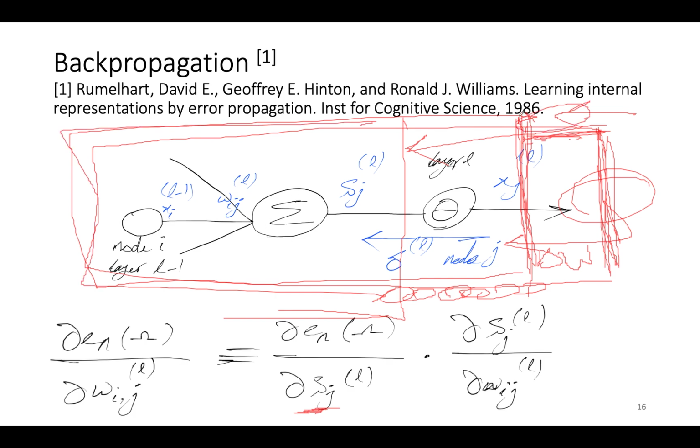So this is called a chain rule. You can expand En as En of Sj and Sj of W, and that Sj would be another previous layer, and you can go on, so on and so forth. Does that make sense? We talk about this extensively in the next lecture, but that's the whole idea. It uses a chain rule to update backward.